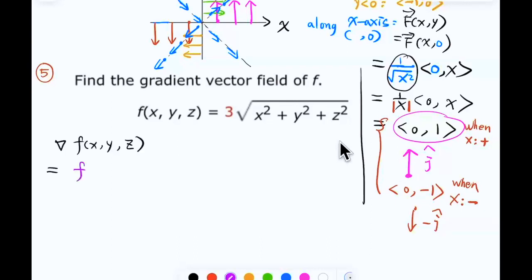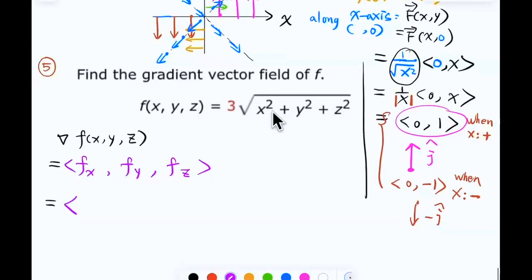So the first component, take the partial derivative with respect to x. What's the partial derivative of this function with respect to x? Remember, you think of x as the only variable, and hold y and z as constants, right? So you get 3x over the square root of x squared plus y squared plus z squared. Okay, good.